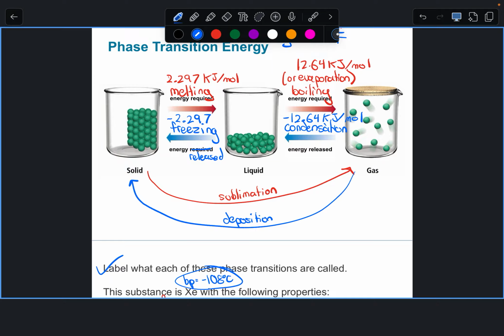Okay, so interesting notes, just kind of as we're starting to deal with these. You'll notice that the delta H of fusion is lower than the delta H of vaporization, always. So it doesn't matter what the compound is, it's always easier or takes less energy to get it to go from a solid to a liquid than it is to get it to go from a liquid to a gas.